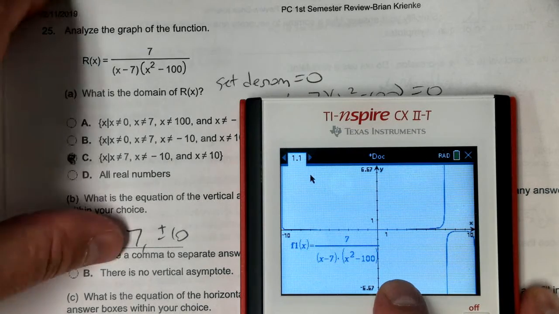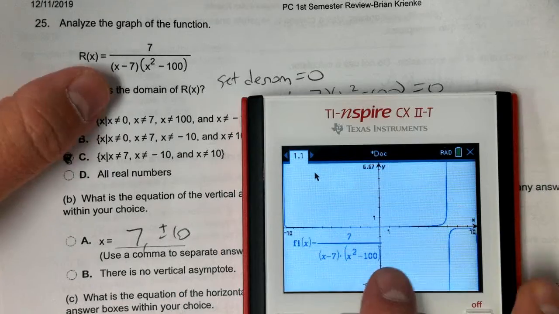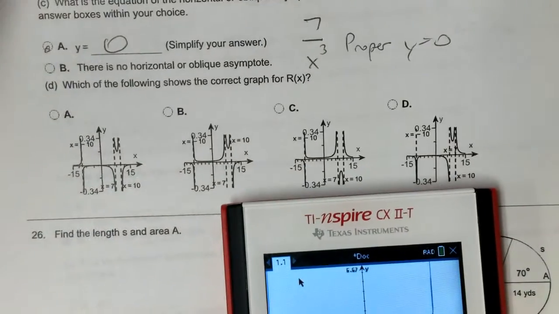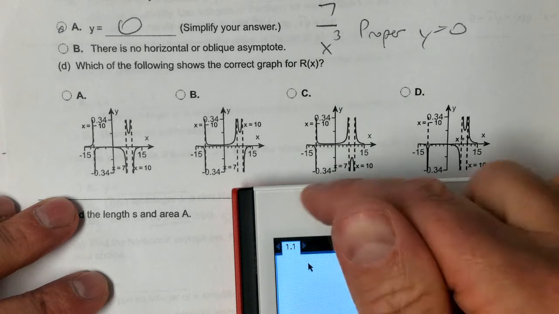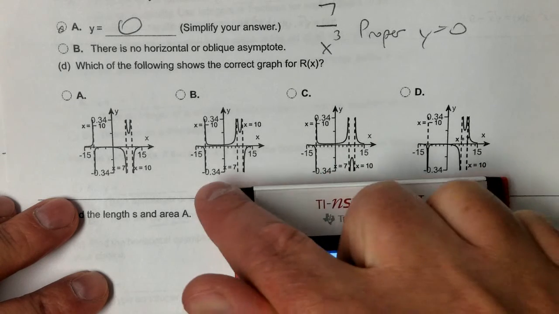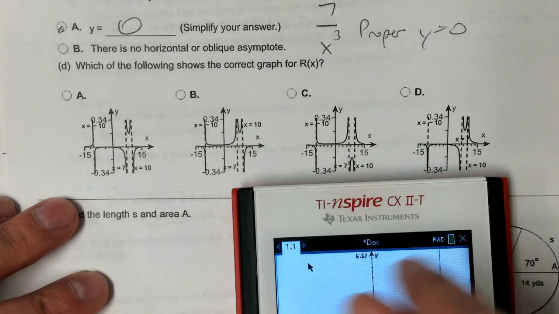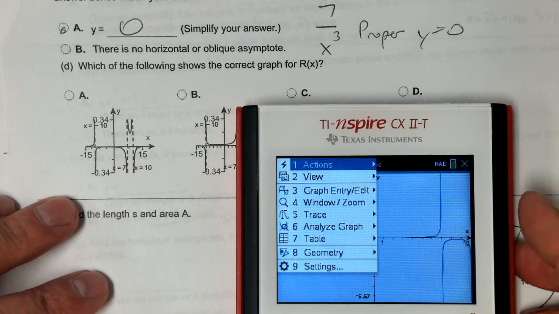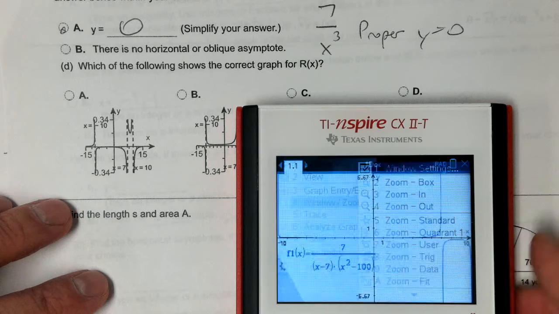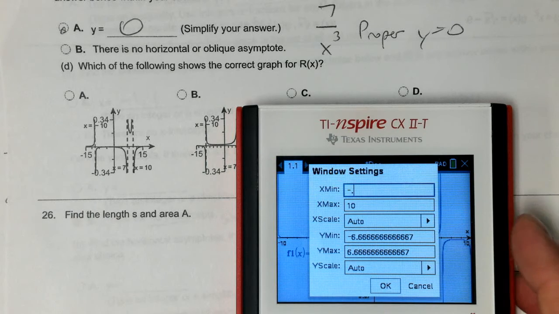Okay, so this is what we want for the graph because the function matches, except for there's something really peculiar. The y values, they're just going from negative 0.34 to positive on all of them. So go to your menu, window, settings. Whoops, I'm trying to do the wrong one.